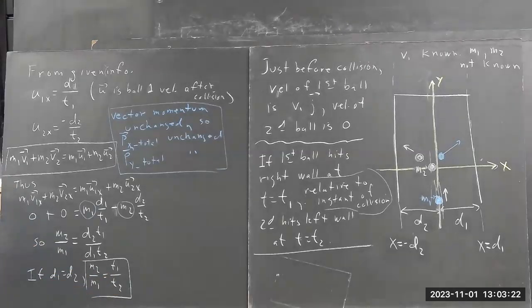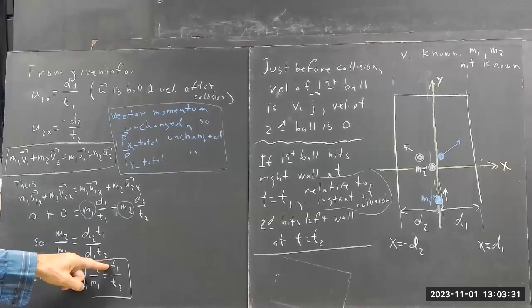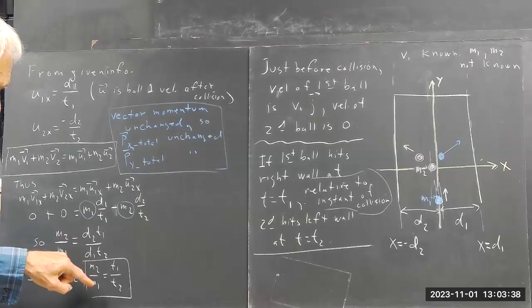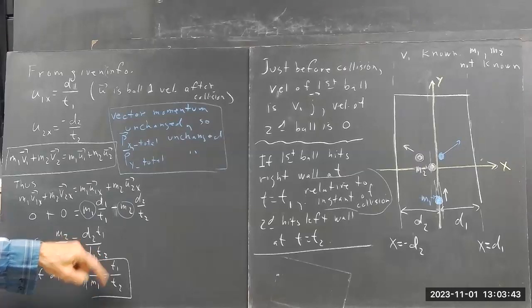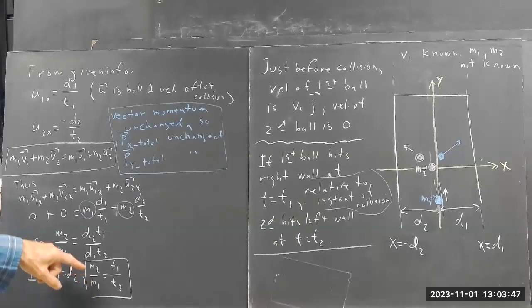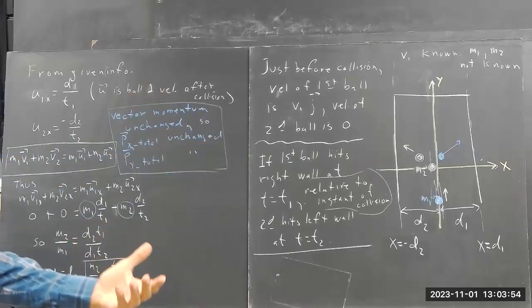That's what the equation tells you. It tells you if M2 is bigger than M1, then T1 is bigger than T2. Okay, T1's a time. If M2 is bigger, then M1 is at least less massive, and T1 is going to be bigger. Wait a minute. I'm getting myself confused. Okay, M2 is bigger, then T1, the time for the first ball to hit the wall, is going to be greater.